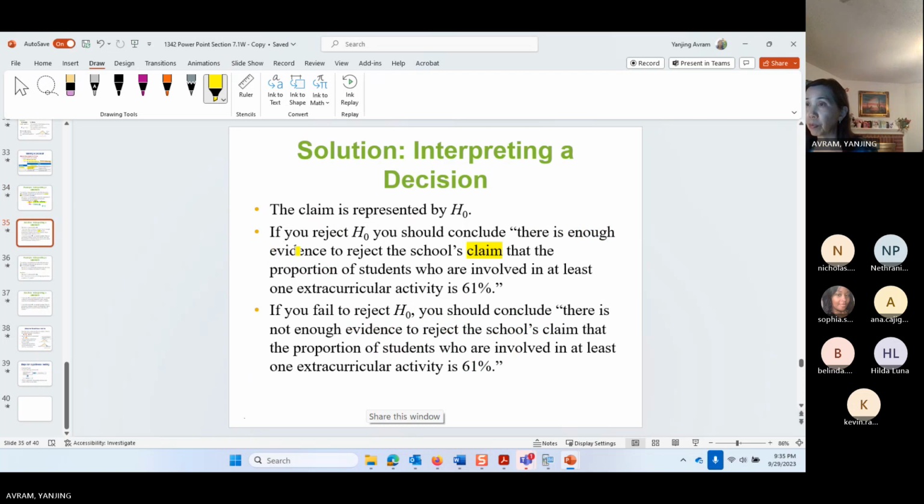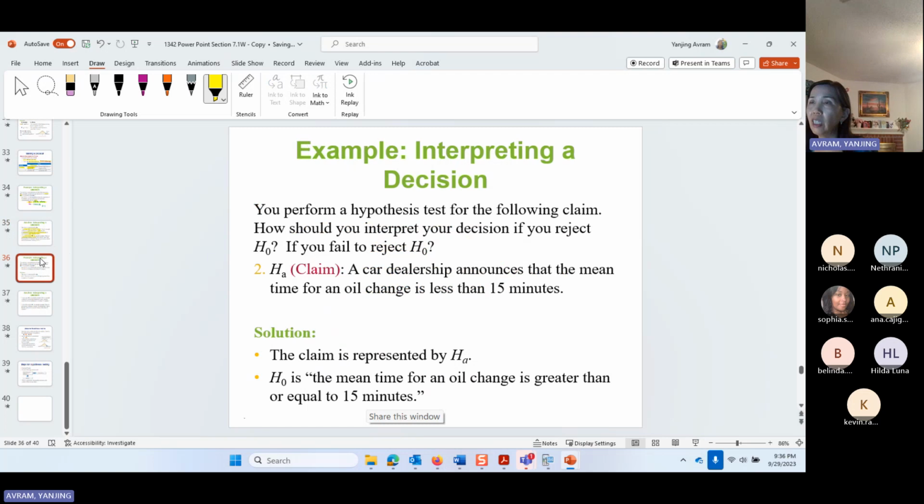So if you reject the null, that means you have enough evidence to reject the school's claim that the proportion of students involved is 61%. If you fail to reject the null, that means you don't have enough evidence to reject the school's proportion in here, okay? So that is how you do this one in here.